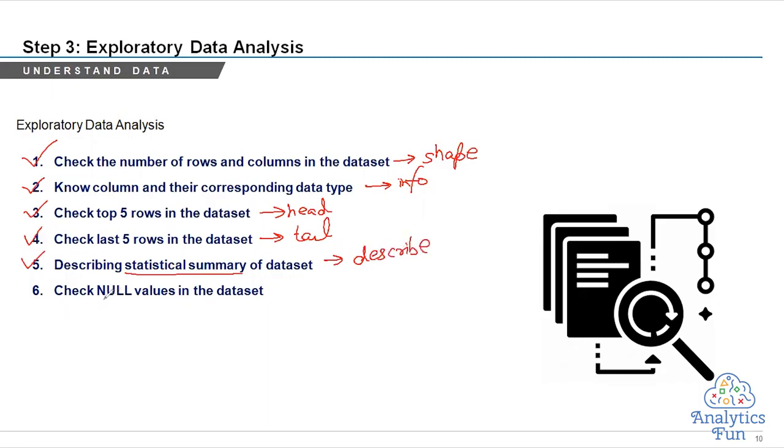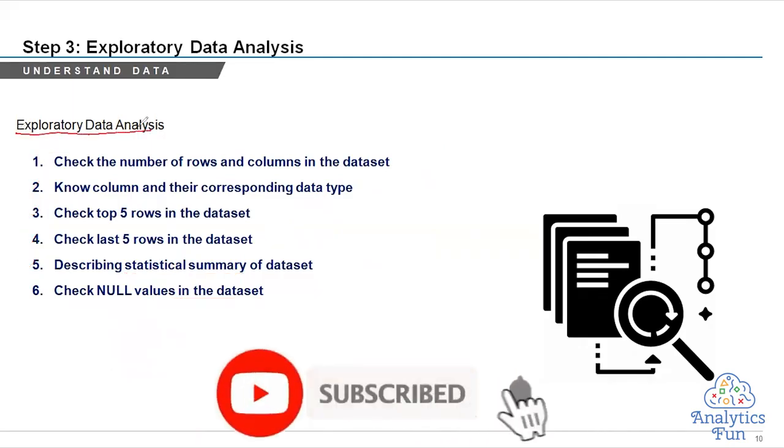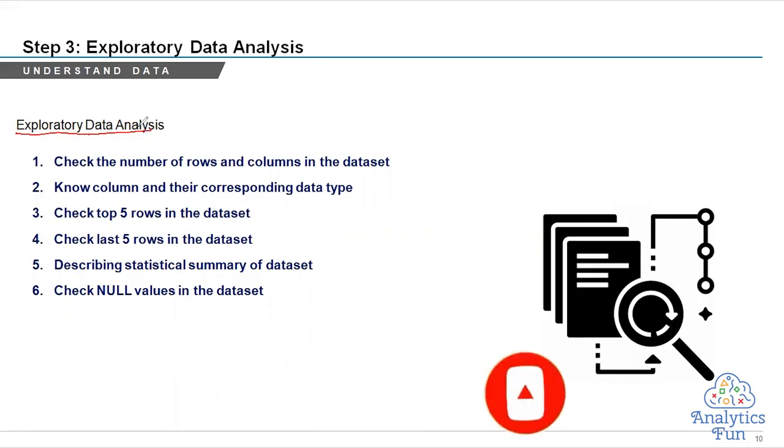For checking null values in the dataset, we have discussed 3 methods: one is through info, second is through describe, and third is you can check individually column by column, that is isna, and take the sum of that. So these are all steps you generally perform on any kind of dataset to understand and get a feel of the dataset. So guys, this was all about this particular video.